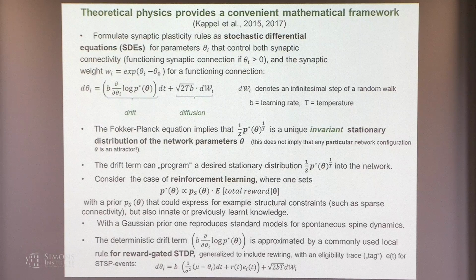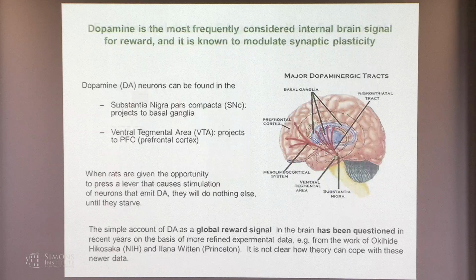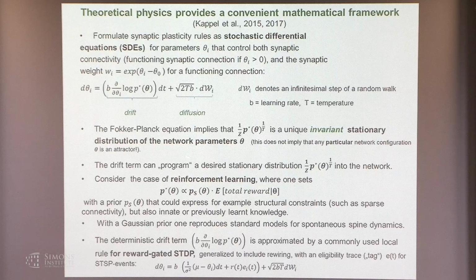So another question: is there anything invariant? Here I want to sketch a theory which in principle allows us to think about something which remains invariant. We are looking at the situation suggested here, where we look at learning rules which have a stochastic term. This is now a learning rule. I'll tell you in a moment what theta i is.